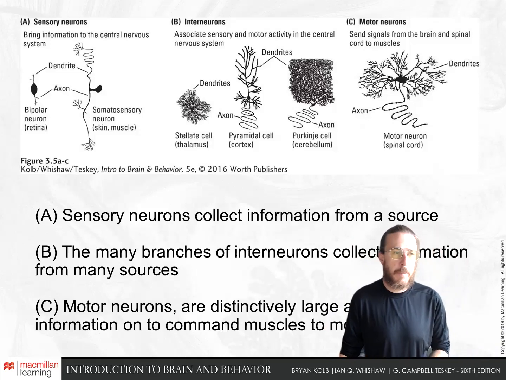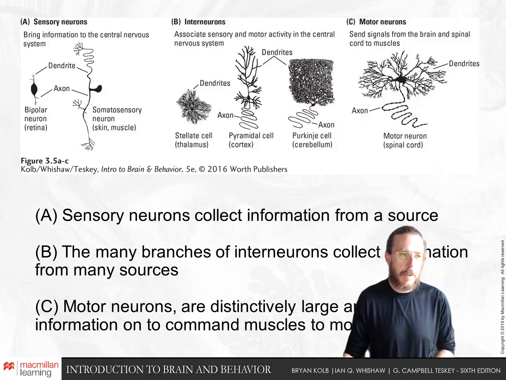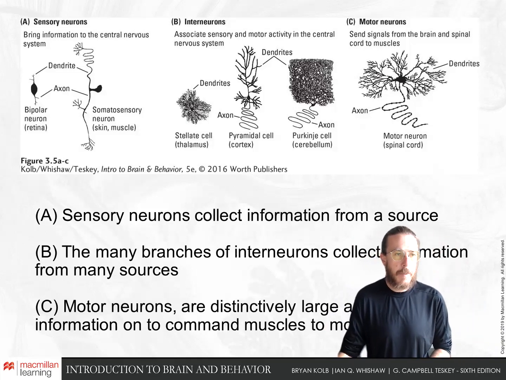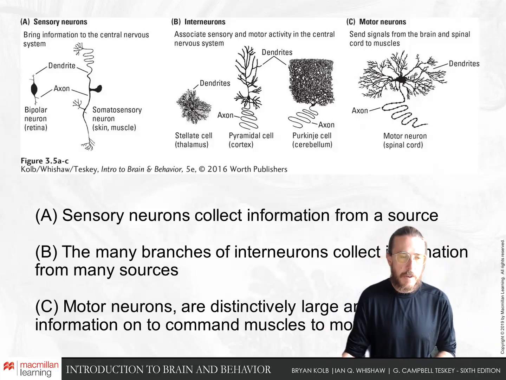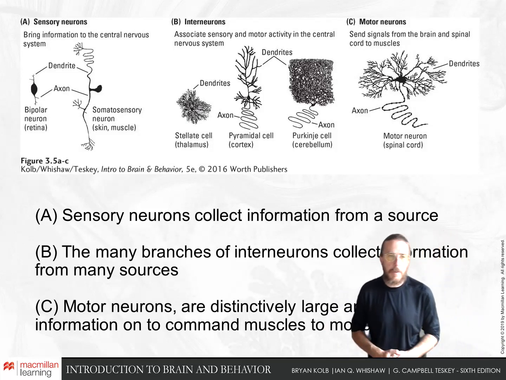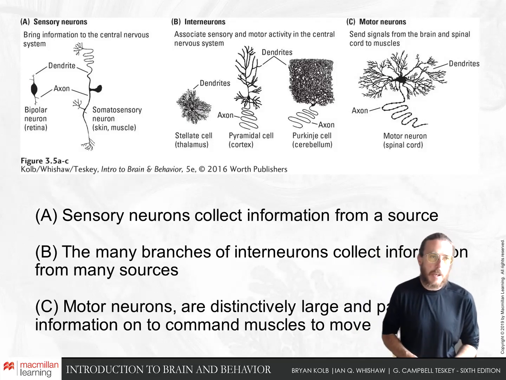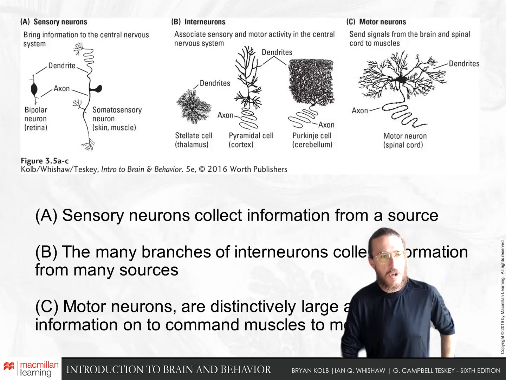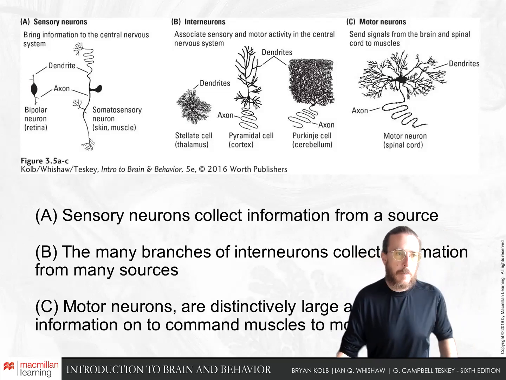Here are two examples: a bipolar neuron, which we'll learn about in the chapter on vision in the second midterm, and a somatosensory neuron. The bipolar neuron has just a tiny dendrite and a tiny axon. The somatosensory neuron, which we already learned about a little bit with respect to the spinal cord last week, is one in which the incoming somatosensory information from our body enters the back of the spinal cord.